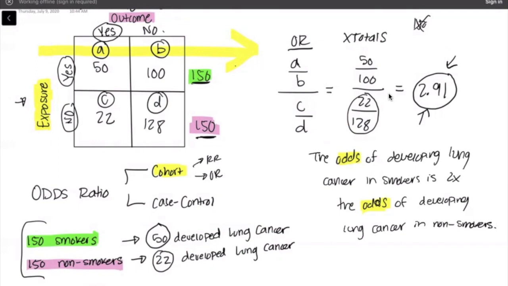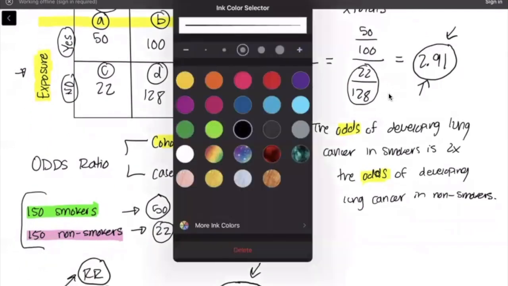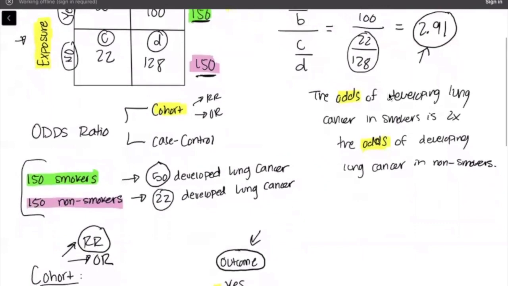And as you know, your risk ratio would be as simple as remembering your formula of the experimental event rate divided by the control event rate. And you might be wondering, well, what's the experimental and what's the control? I'm not actually giving an intervention.